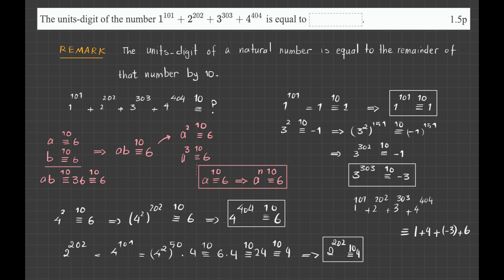If you simplify this, it becomes 8 modulo 10, and 8 itself is acceptable because it is non-negative and it is smaller than 10. So you have to put 8 here.